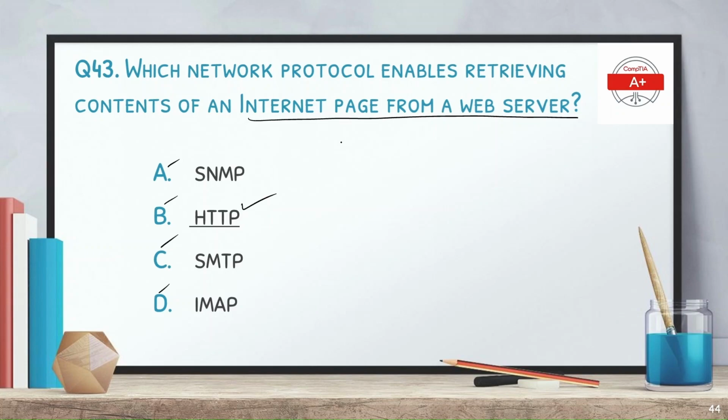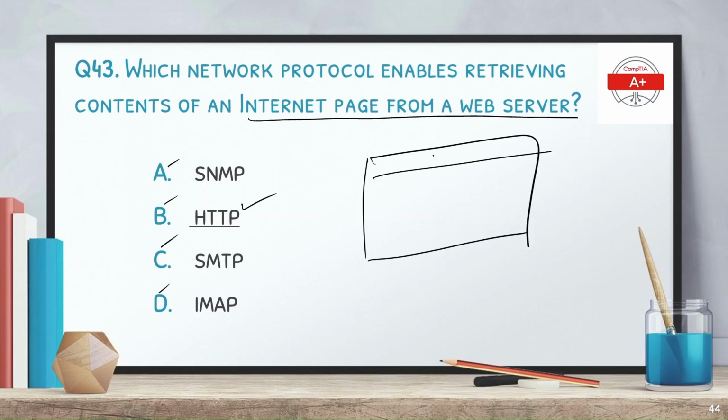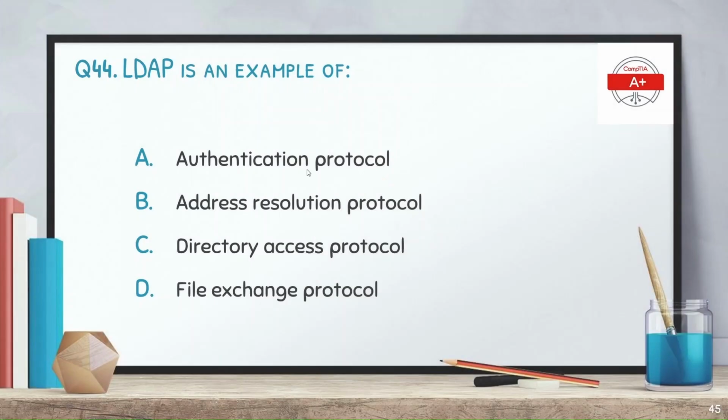This protocol is basically used to view web pages using a web browser over the internet. Let's suppose this is a website, test.com, and this protocol is used here. Here we can see that it is using HTTP.